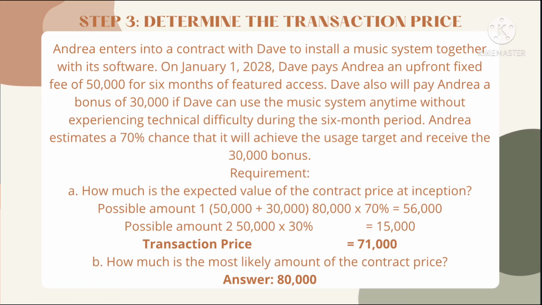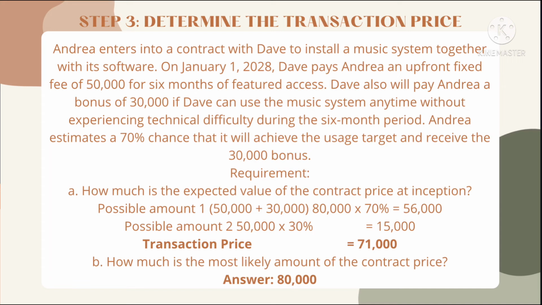So once again, according to the client, there is a 70% chance that it will achieve the usage target. Therefore, if there are only two possible outcomes, the other outcome will have a chance of 30%. So the expected value approach for possible amount 1 na 50,000 plus 30,000 is equal to 80,000 times 70%.